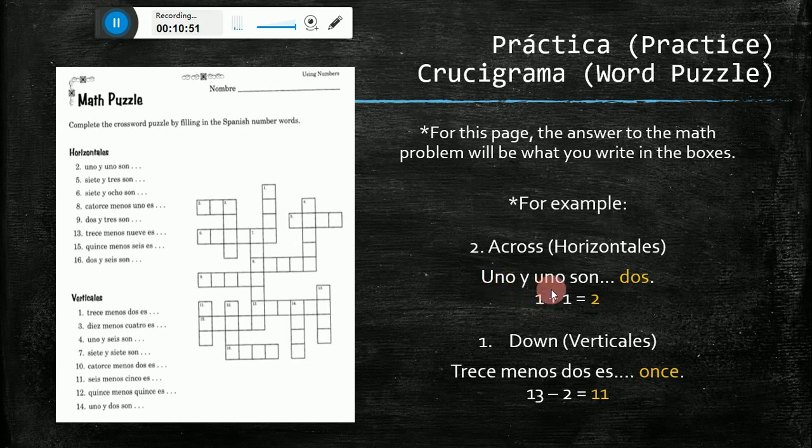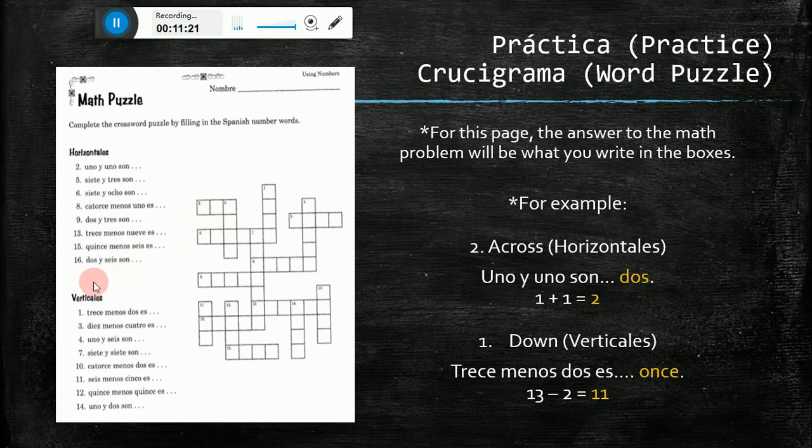Uno y uno is 1 plus 1. Son is equal. So then the answer to your problem is what you're going to write in the boxes. Okay, so 1 plus 1 equals 2. And we know the number 2 in Spanish is dos. So you're going to spell out the word dos, D-O-S, on number 2 across.